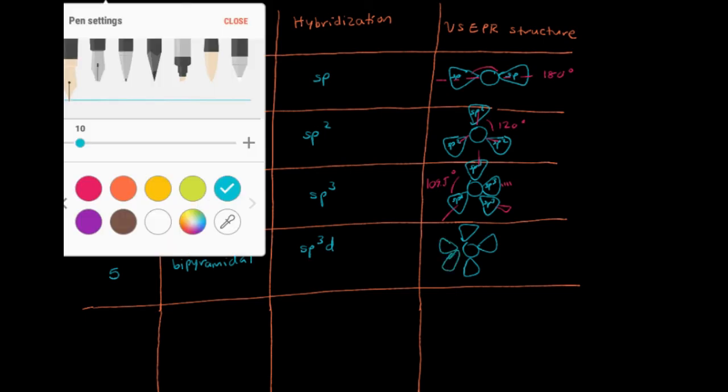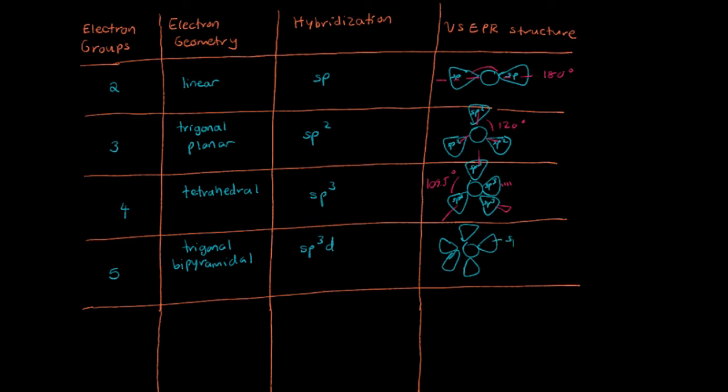I'm just going to write that here, but these are sp3d hybrid orbitals. Maybe I should redraw that a little bit, but it looks like that. So 3 in the plane, 2 out of the plane: one goes out of the plane, one goes into the plane. So that's the idea.